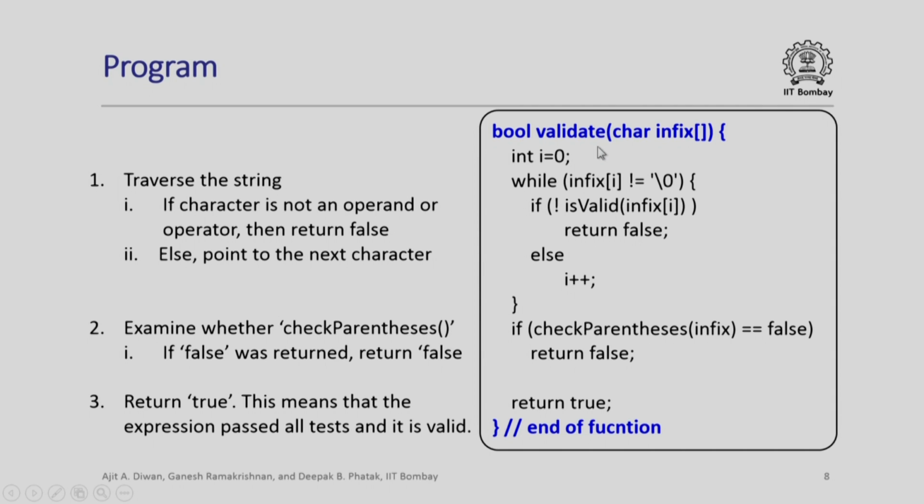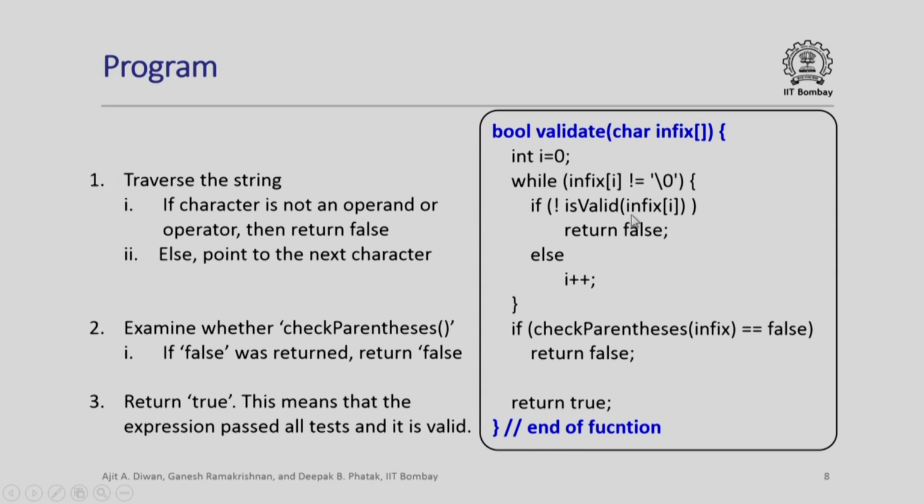We continue looking at the next function. This is the validate function. Its input is the entire infix string. We need to traverse the string, and if a character is not an operand or operator, we should return false, else point to the next character. So while the string has not ended, we will call is valid for the ith character of the infix string.